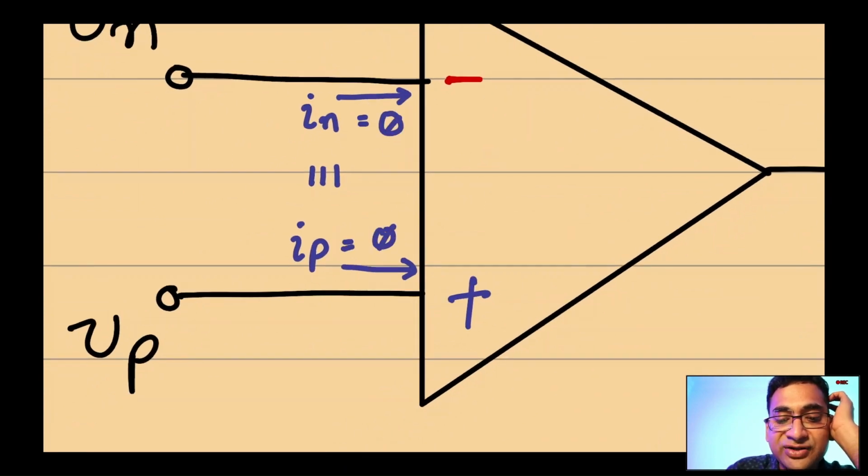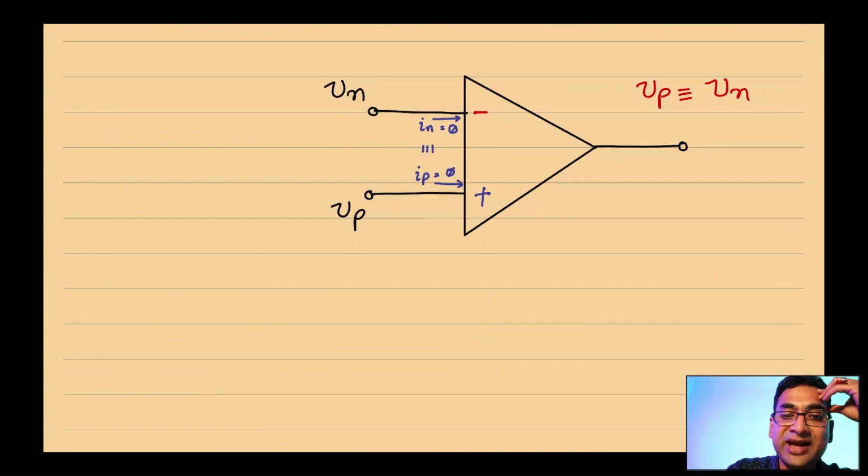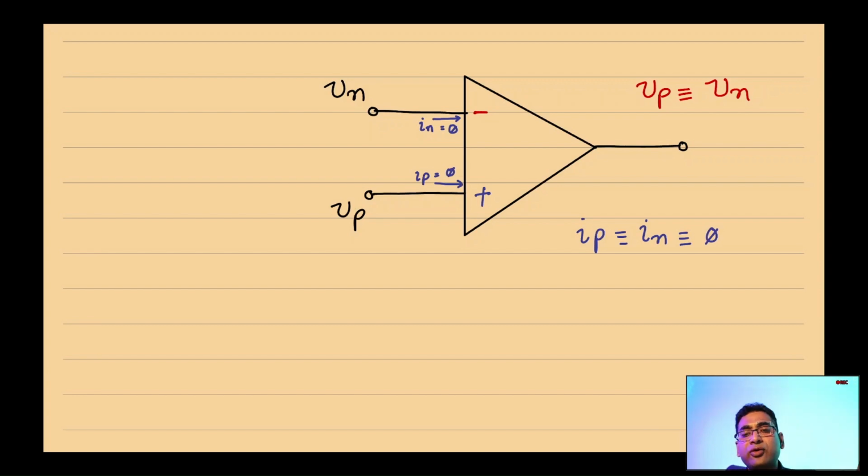There is no current going into the input terminals of the op-amp. Ip is the same as In is the same as 0. There is no current flowing in. How easy can it get?